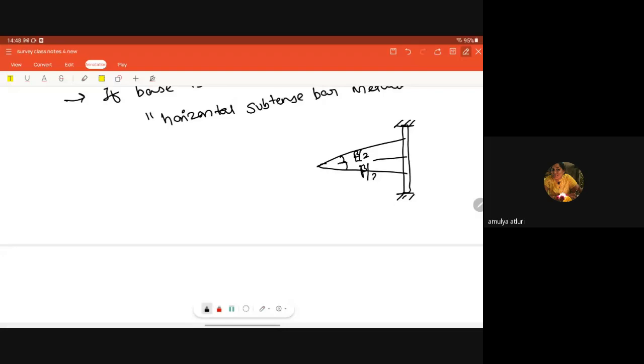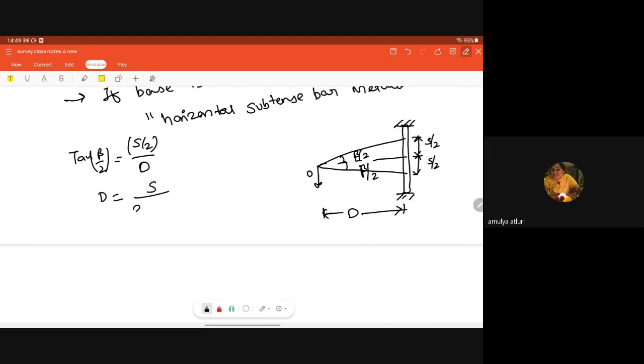This angle is beta by 2, O is the instrument, and let's consider the distance D. This one is S by 2. Then tan beta by 2 is equal to S by 2 divided by D. So what is my D? D is S by 2 tan beta by 2.